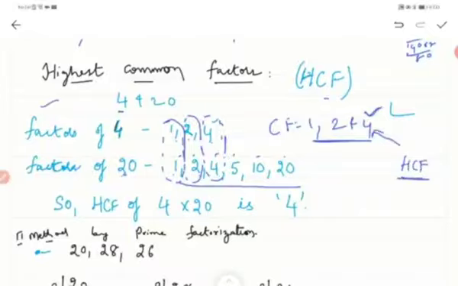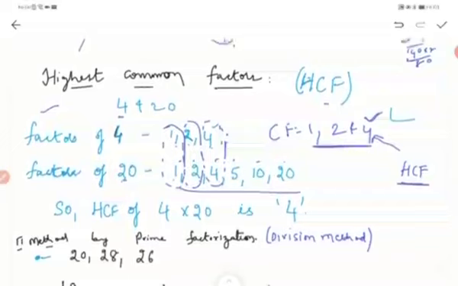Again, it becomes a bit difficult to do like this, so you can go by the prime factorization method, that is, the division method. Prime factorization we had seen, the division method. This method will make it easy for you.